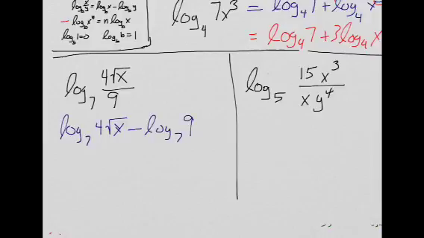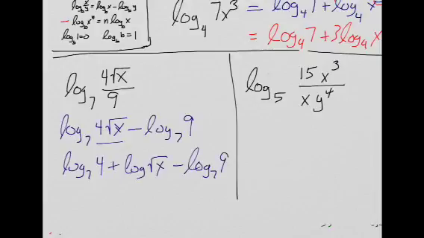When we divide, we subtract, just like with exponents. I'm going to break up this multiplication here and make this the log of 4 plus the log of the square root of x minus the log of 9.